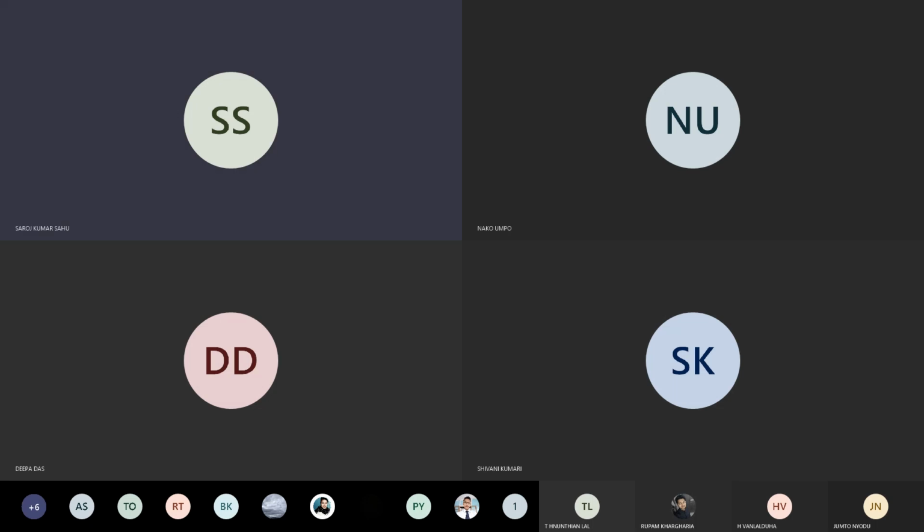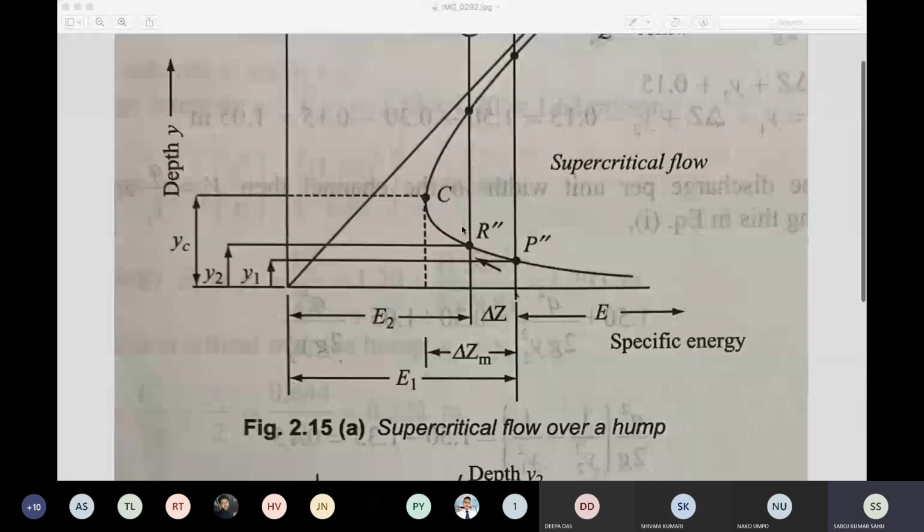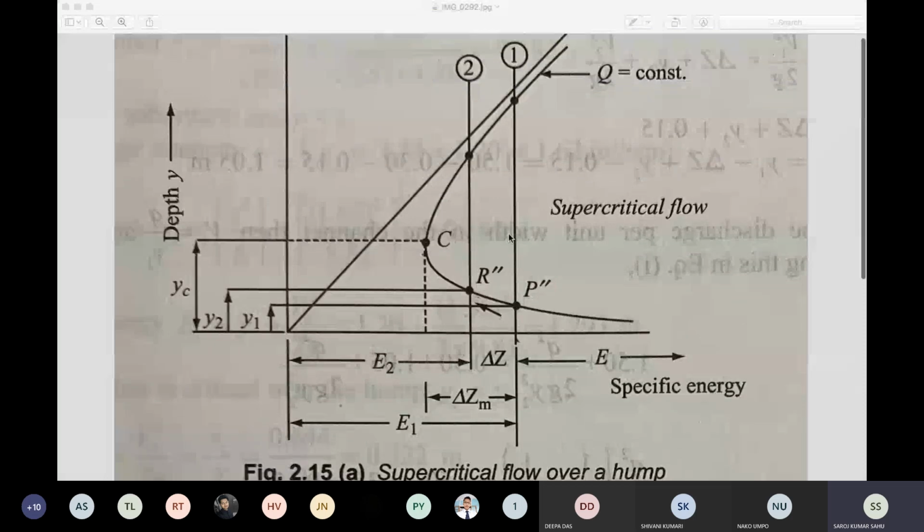Supercritical flow over a hump. First case, if delta Z is less than delta Zm, up to that the flow depth Y1 will remain constant, but Y2 will go on increasing from P double dash to R double dash up to Yc.